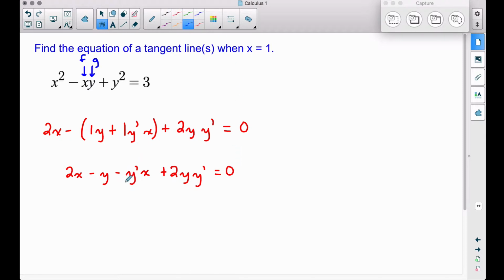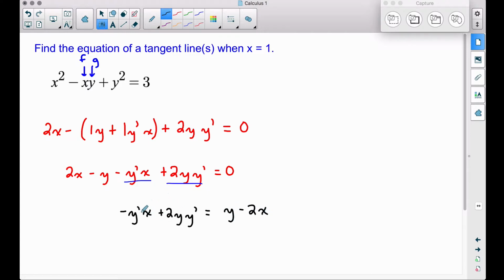Notice this term here and this term here have a y prime in it. These two terms do not. Therefore, let's move these over to the right-hand side. That gives us negative y prime x plus 2y y prime is equal to, again, moving both of these over here, y minus 2x.